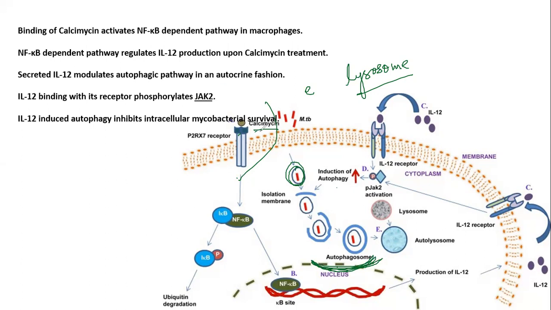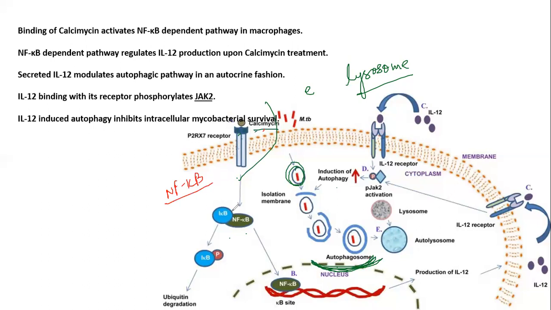Here what is happening: when calcimycin treatment is given, it binds to its receptor and activates your NF-kappa B pathway. Now what is happening here? Pay attention. It's actually multiple signaling happening together, that's why. So just focus over here. When calcimycin binds to its receptor, the NF-kappa B pathway gets activated.